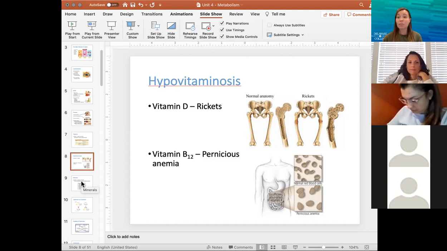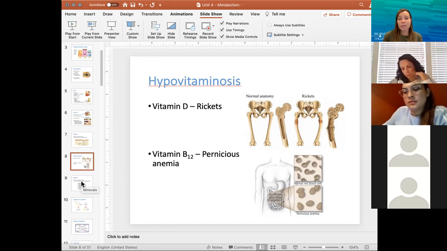It would be really difficult to have this happen with the water soluble vitamins, because remember, they don't get stored in the body. Any excess amount gets excreted. So it'd be really hard to have too much of the water soluble vitamins, because if you have too much of them, it gets excreted in your urine. So almost always, if this is going to happen, it's going to happen with the fat soluble, lipid soluble vitamins.